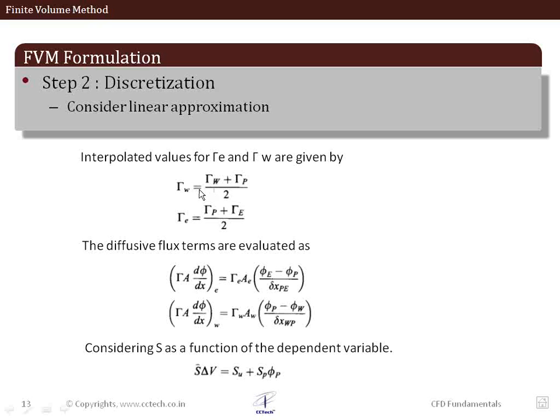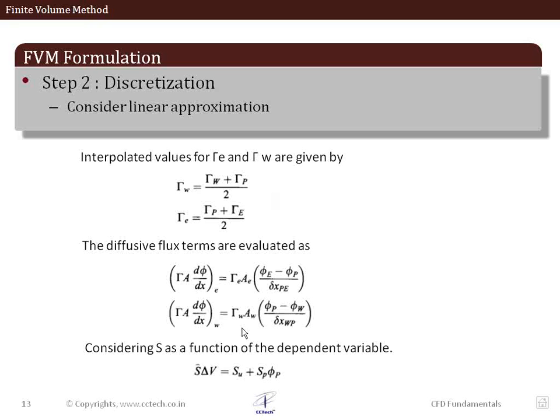So this is how gamma w and gamma e, that is on the eastern and western faces, are being represented in terms of the cell centroid values, because our aim is to get a linear algebraic equation in the form that you have all the unknown quantities phi expressed in terms of the finite volume's value, that is the value at the center of your finite volume.